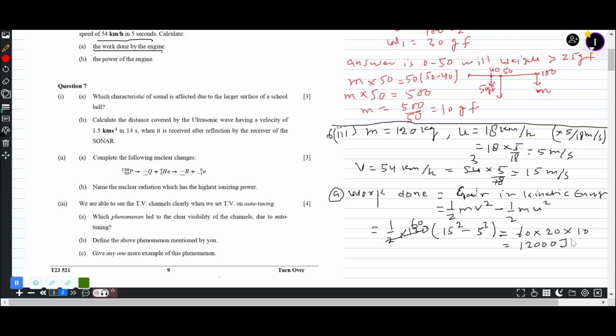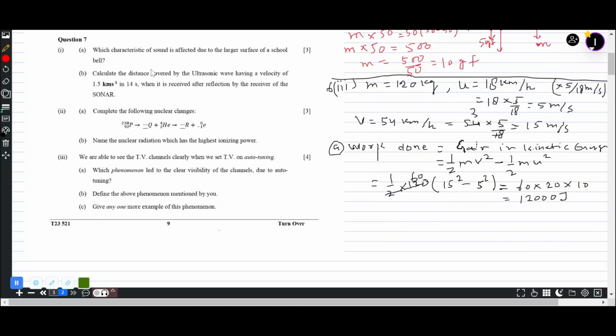Now the second part of the question is, what is the power of the engine? What is the power formula? Power is work done upon time. So what is the total work done? That is 12,000 joules. Over how much was the time taken?